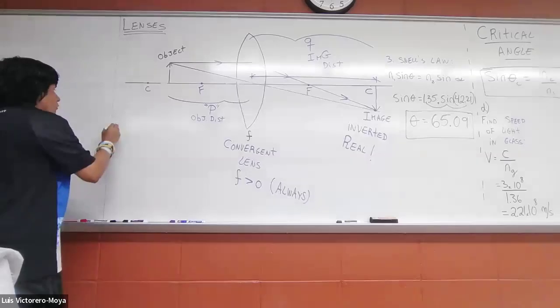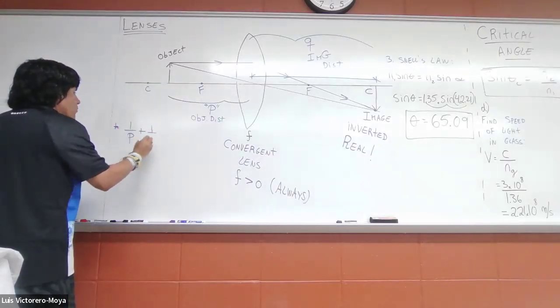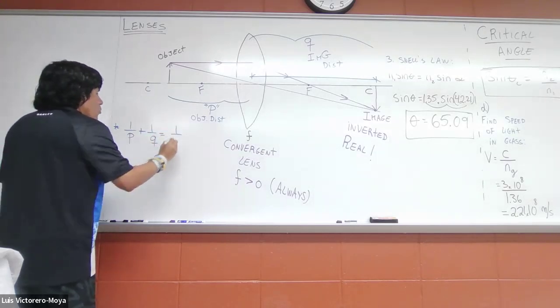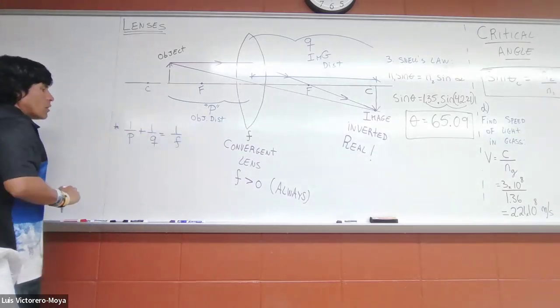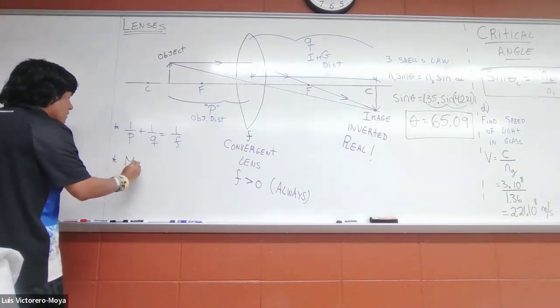So, first equation, 1 over P plus 1 over Q equals 1 over F. Works. Magnification, the same.